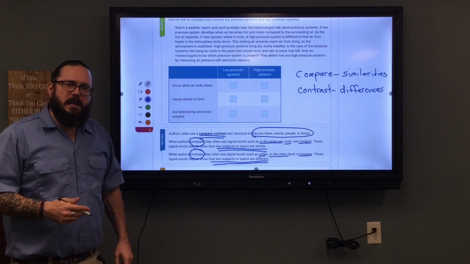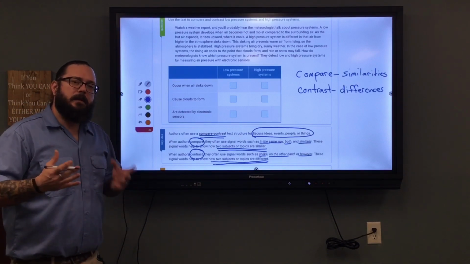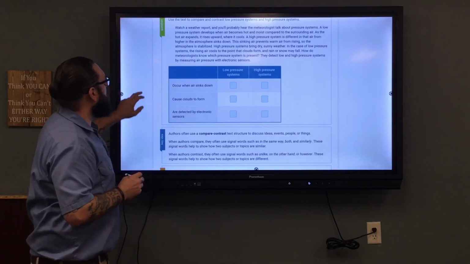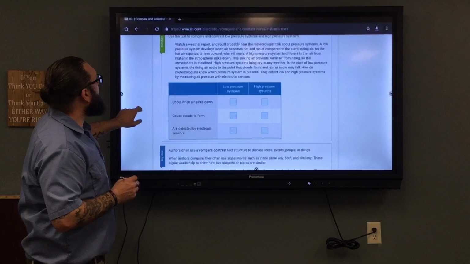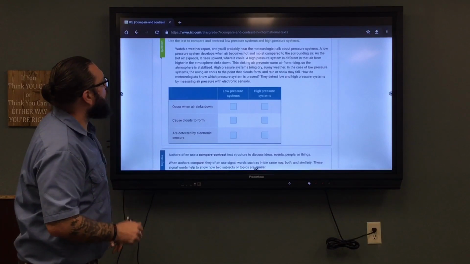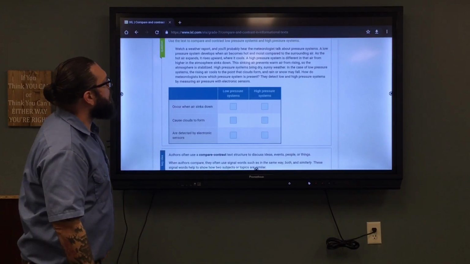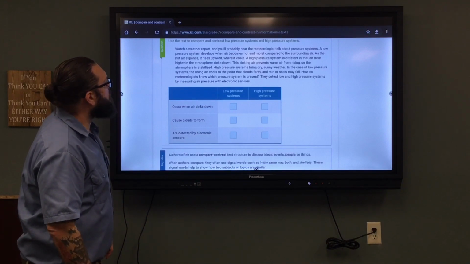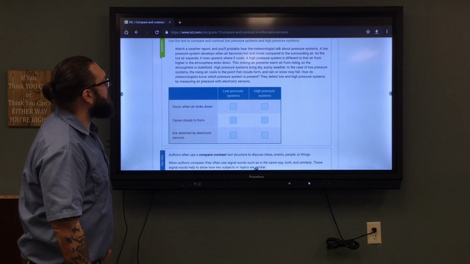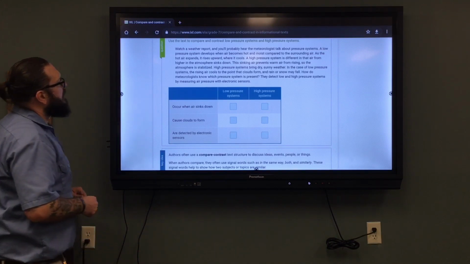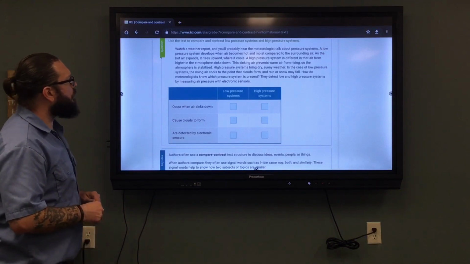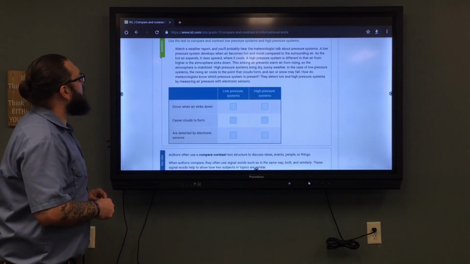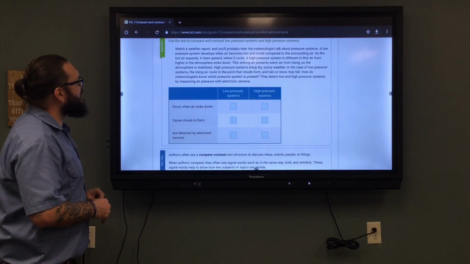So now that we have recapped how the compare and contrast relationship works, let's take a look at our passage. Watch a weather report and you'll probably hear the meteorologist talk about pressure systems. A low pressure system develops when air becomes hot and moist compared to the surrounding air. As the hot air expands, it rises upward where it cools. A high pressure system is different in that air from higher in the atmosphere sinks down.